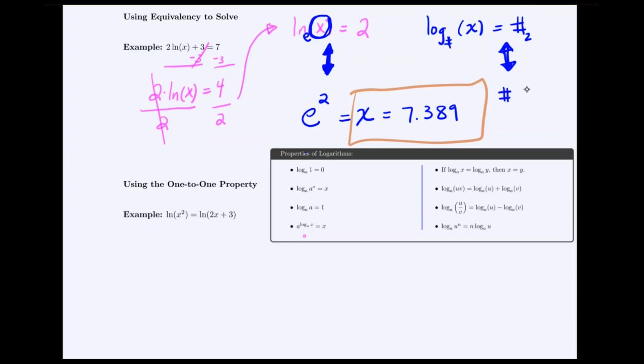The base raised to the number 2, the value that it was equal to, is going to be equal to x by definition of exponential functions. But we did have to do a bit of algebra first before we got into this format. So just keep in mind, if you ever have a log of some known base of some variable expression equals some number, the best solution strategy is to rewrite it as an exponential function, and then you'll solve for it there.